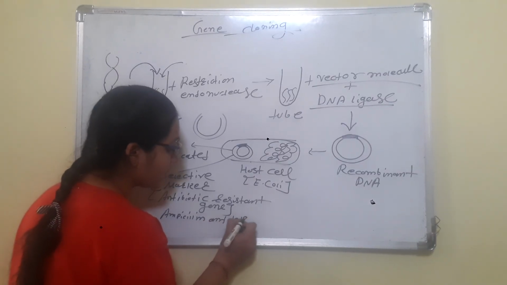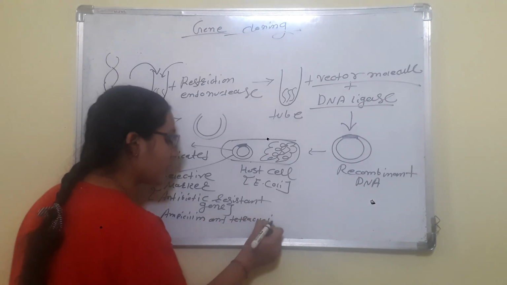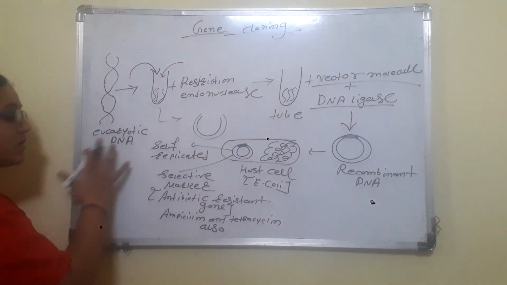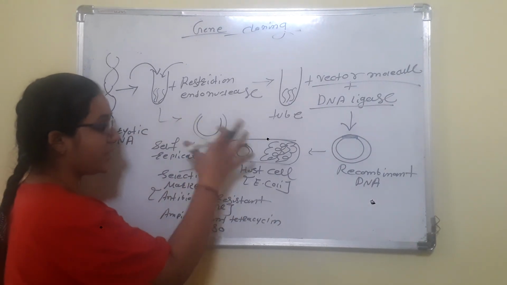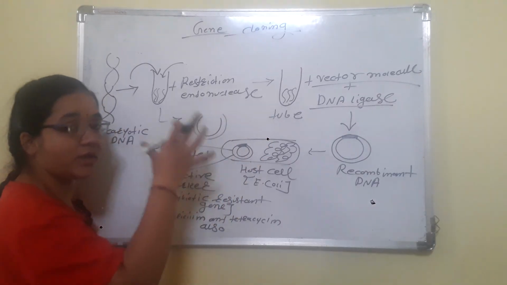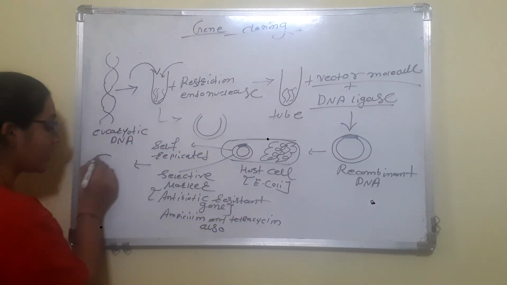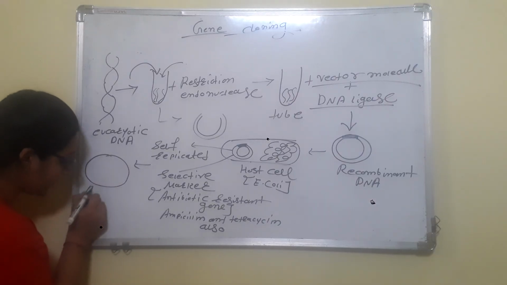Okay, next process, after replication we isolate our recombinant DNA. Okay, so then take an agar plate. The agar plate contains nutrients.